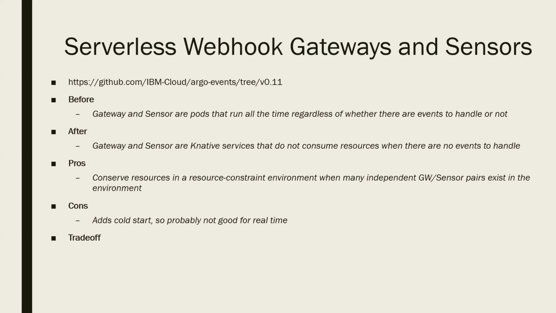The gateway and sensor pods run all the time, regardless of whether there are events to handle or not. What we suggest is to make them KNative services so that they do not consume resources when there are no events to handle. There are pros and cons, of course.